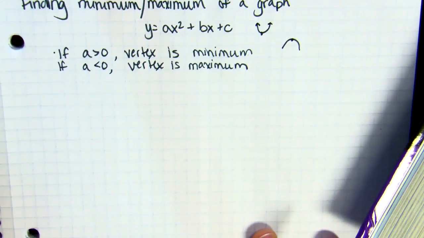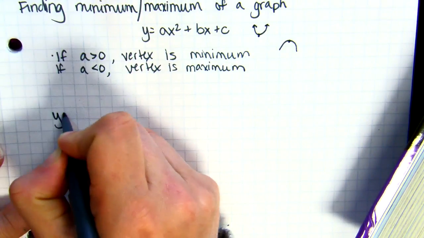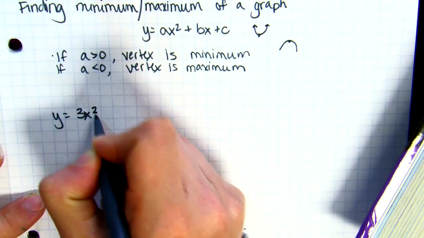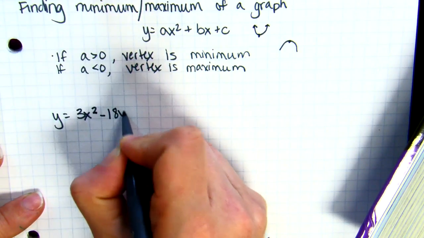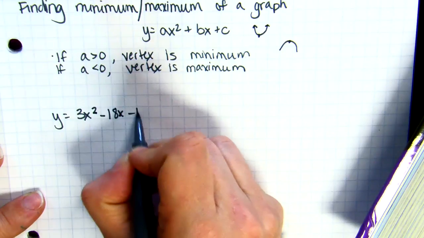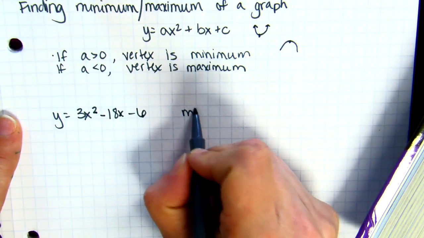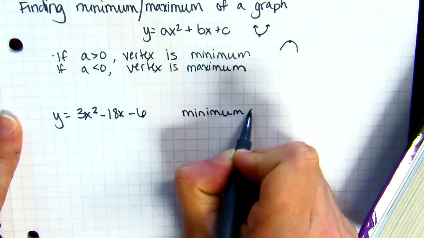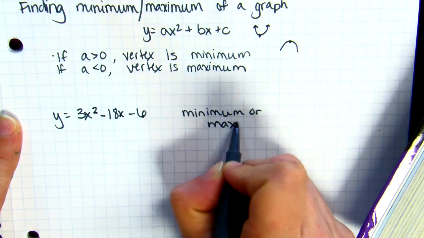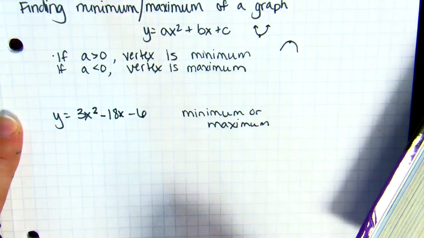So if we had a function that looked like this, 3x squared minus 18x minus 6. Does this have a minimum or a maximum? And what is it?